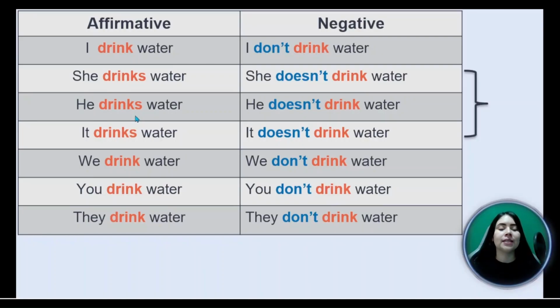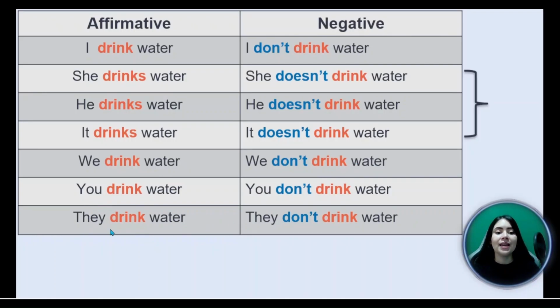He drinks water. He doesn't or does not drink water. It drinks water. It doesn't drink water. We drink water. We don't drink water. Similar with you and they.